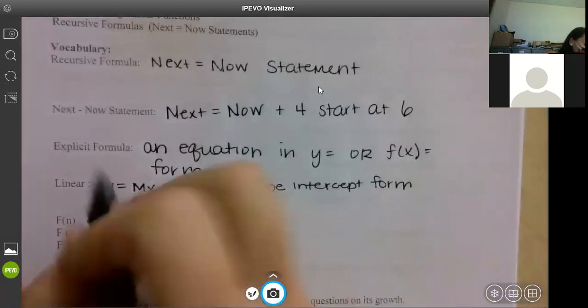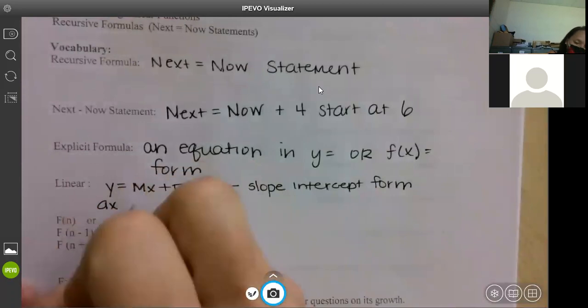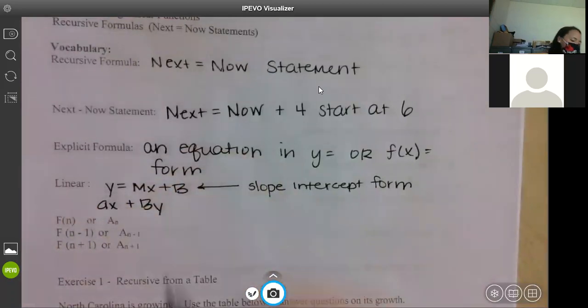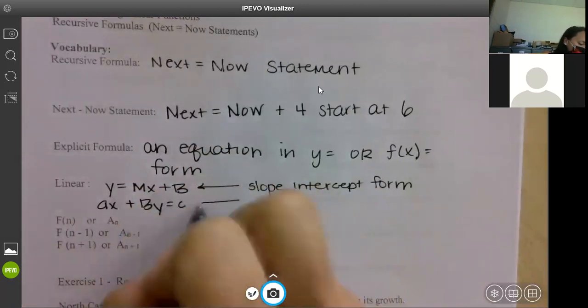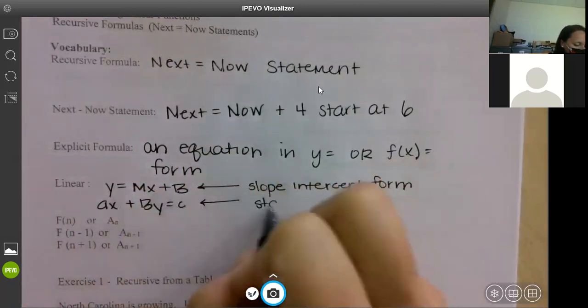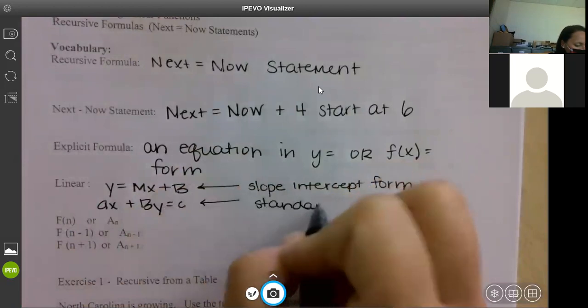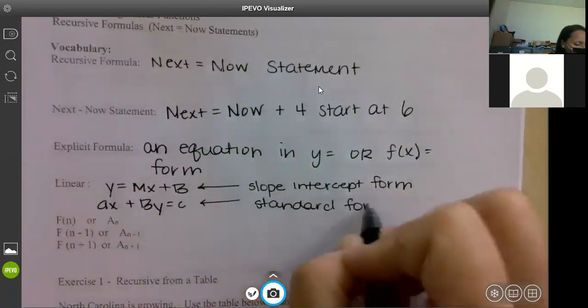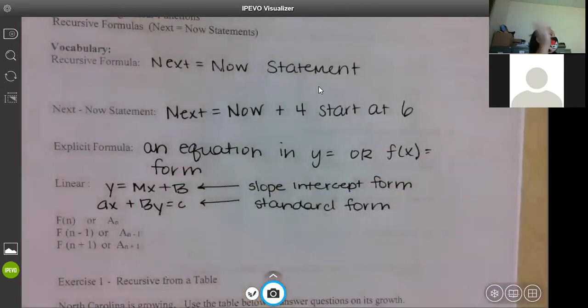Or if they give it to you like this, ax plus by, where x and y are on the same side, that is standard form. And remember, standard form we've done a couple times where we had to solve it for y. So we move x and then divide by the number with y. We'll talk about this f(n) minus 1, f(n) plus 1 when we get there. Again, not hard stuff.